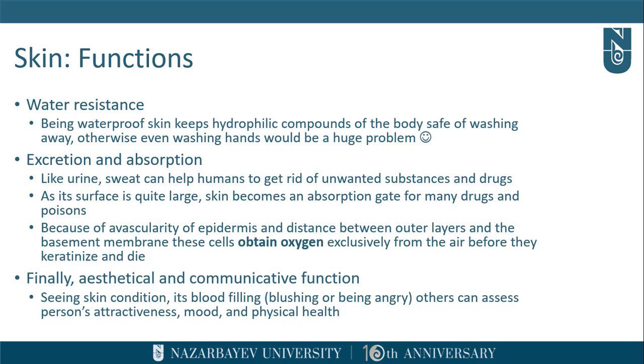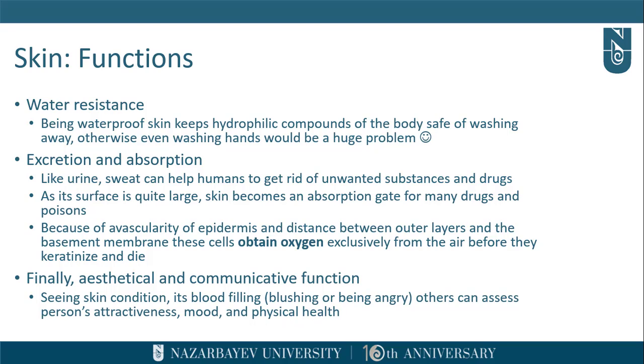And as we said, skin has a surface area of 2 square meters, and just imagine that it acts as a big absorption surface area for many drugs and poisons. And our skin gets its oxygen exclusively from the air. Why?